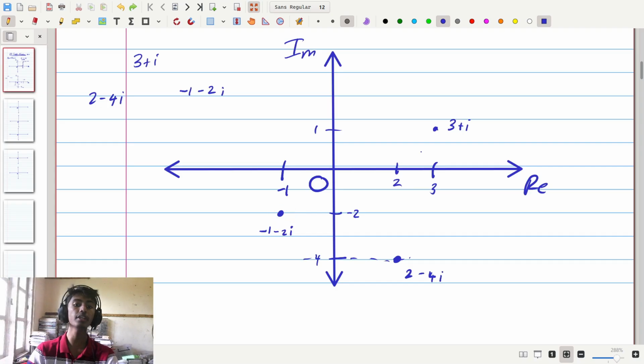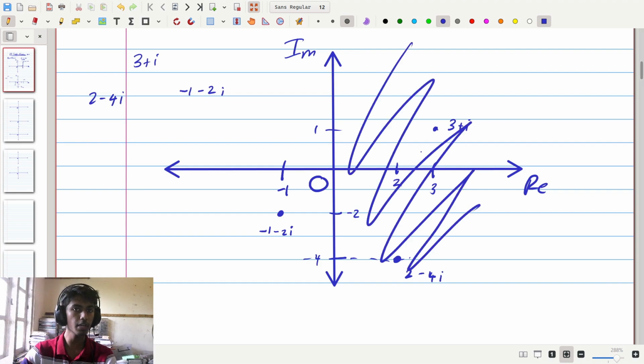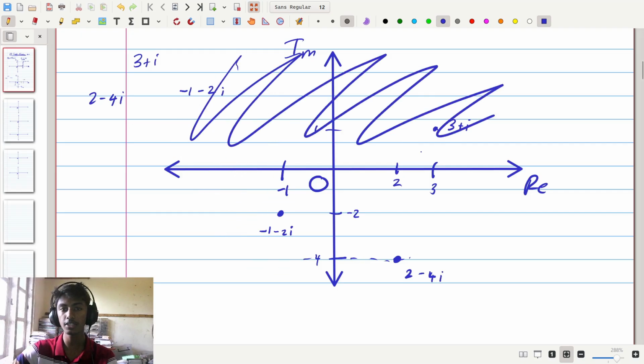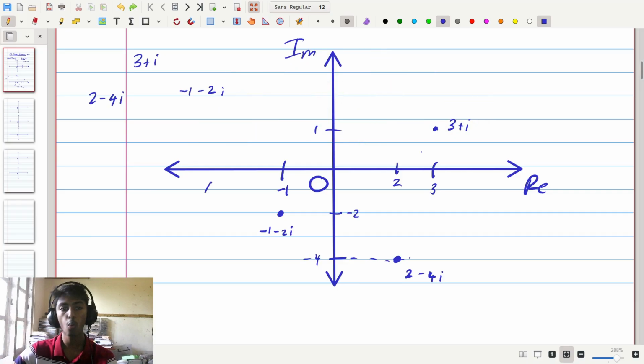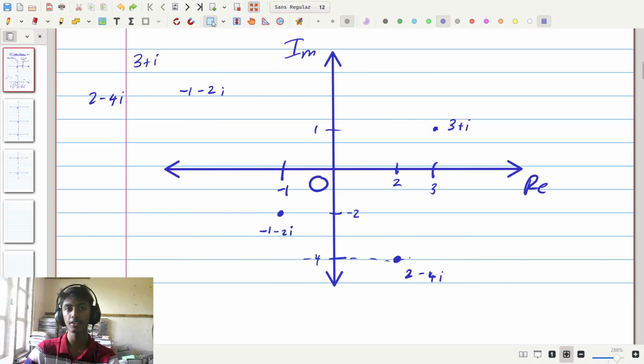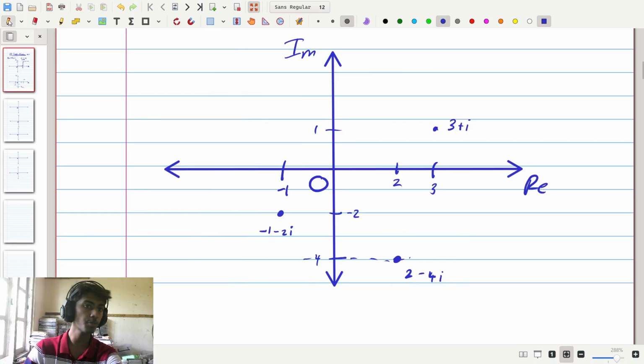Now you can see when you represent these, if the real part is positive, we are on this side. If the real part is negative, we are on this side. Similarly, if the imaginary part is positive, we are above the line like this, and if the imaginary part is negative, we are below the line like this. With this, we get 4 combinations: imaginary and real both positive, both negative, imaginary positive and real negative, and real positive and imaginary negative.